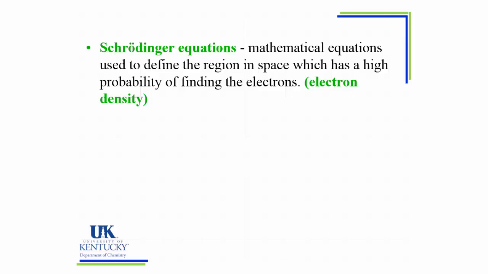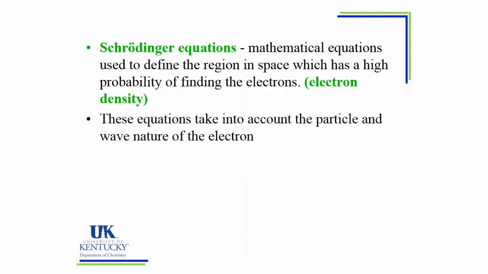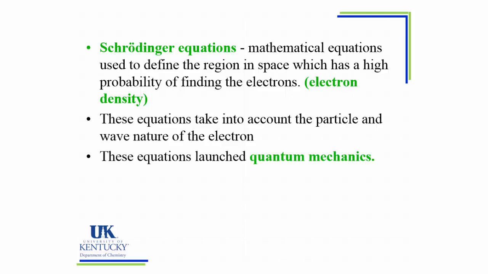But these give us areas where there is a high probability of finding the electron, and we would say it has a high electron density. I already told you that they take into account the dual nature of the electron, and this is what launched what we call quantum mechanics.